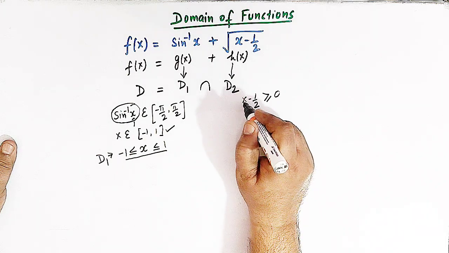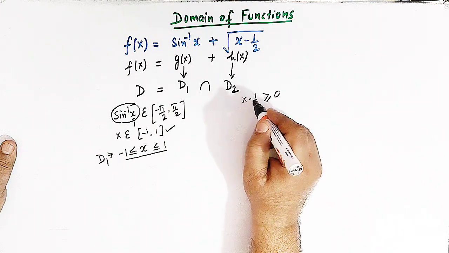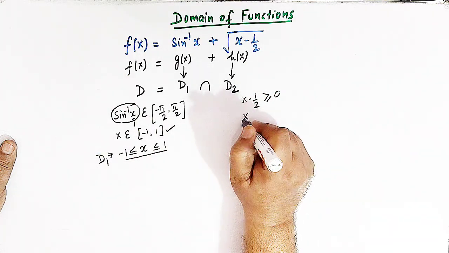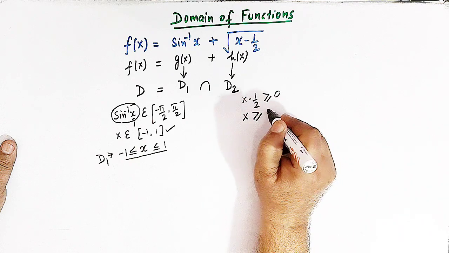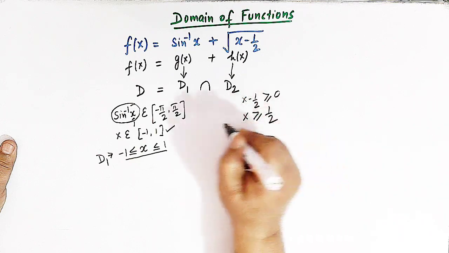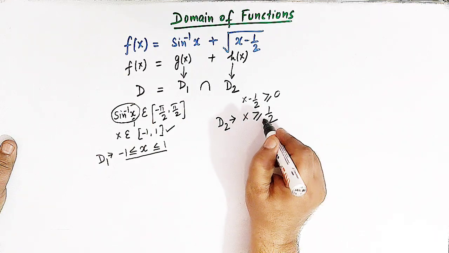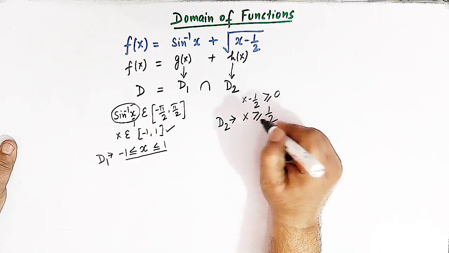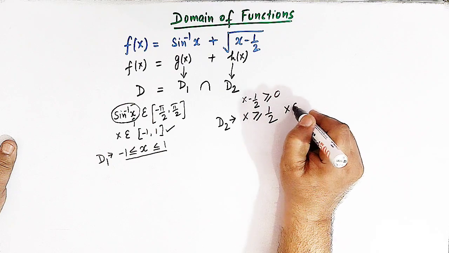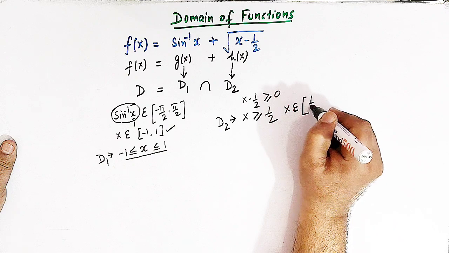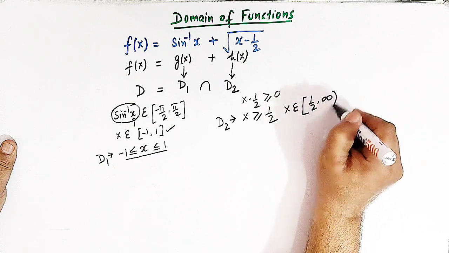So for x minus half to be non-negative, it should be greater than or equal to 0, so we take x greater than or equal to half. So d2 is given by this inequality, which can also be expressed like this: x belongs to the interval half to infinity.